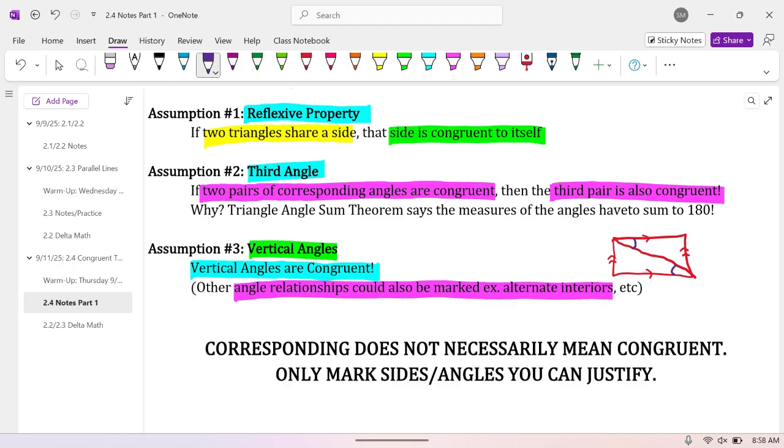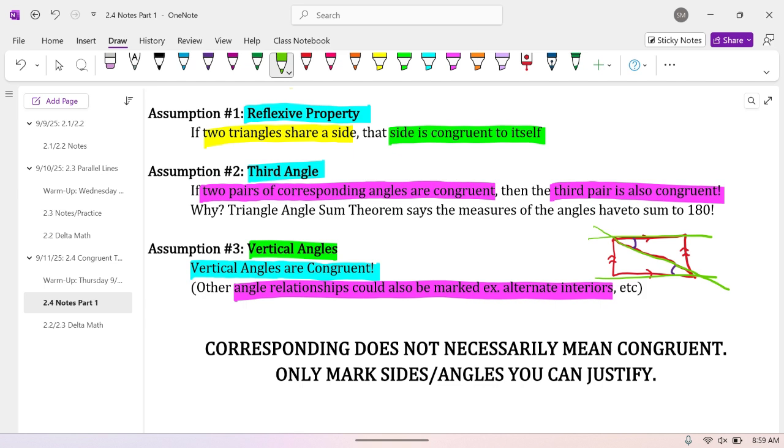Yeah, they are. By what parallel line theorem are they congruent? Not reflexive. The ones we learned yesterday. Alternate what? Interior. So you can almost imagine the rectangle as two parallel lines, and it's cut by that transversal.